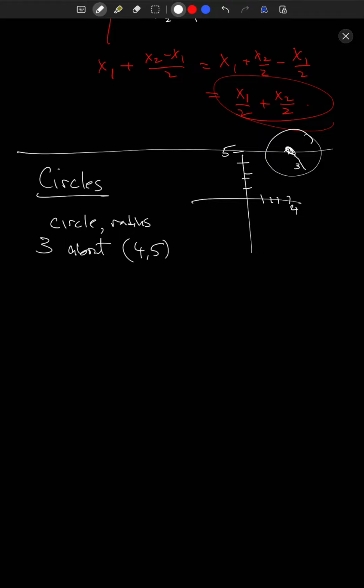So how do we describe this guy mathematically? How do we write down an equation for this circle, right? I mean, it's good to be able to draw a circle and kind of see a picture, but if you actually need to do computations or you need to solve problems involving the circle, pictures are very frequently not going to help you.